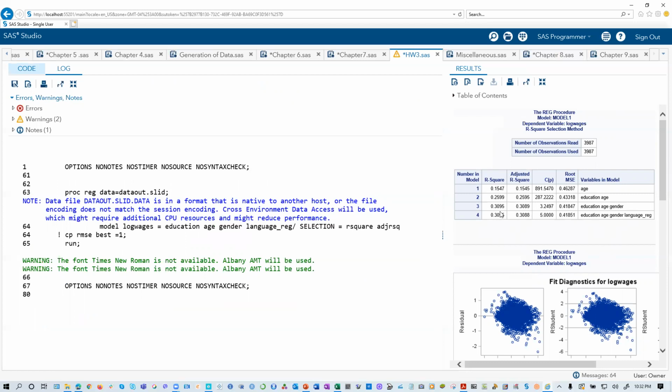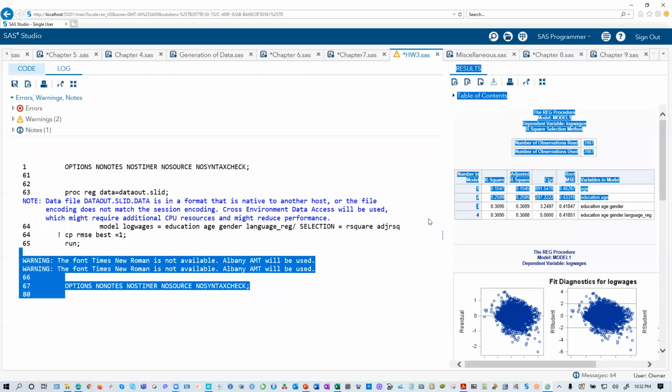Let's see the highest one, 0.3095. Also 3095. 3089, this one 88 is the least one, 41. Again, three of them.